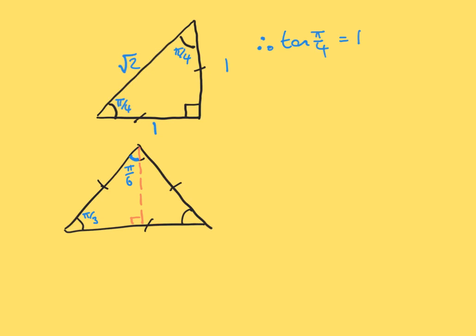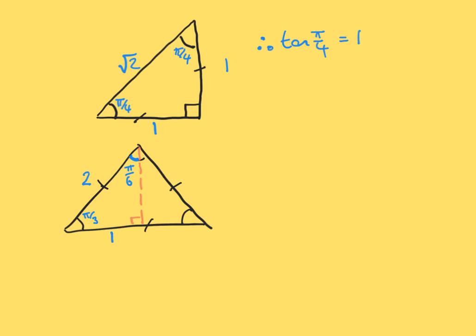So again, we could choose arbitrary scalings of this triangle, but let's try to make life as easy as possible. So I'll choose this side of the triangle to be 2. So if this is length 2, that means that, remember this line has been bisected, this line here has length 1.